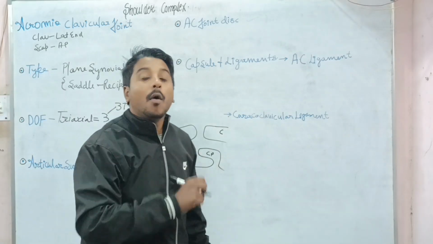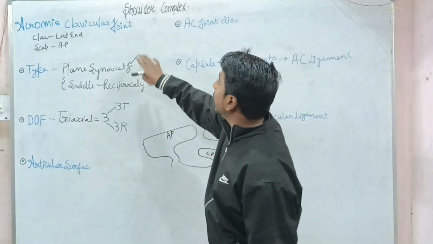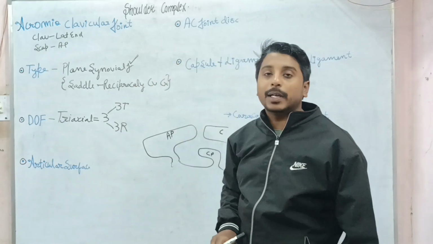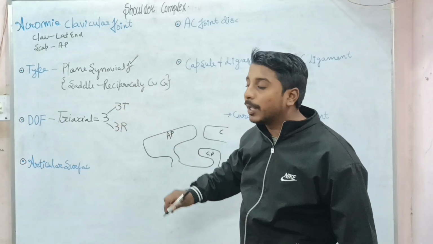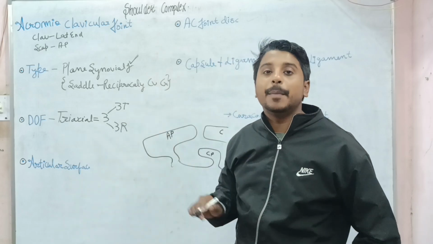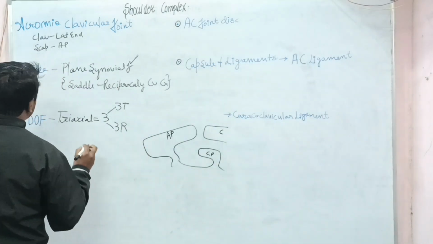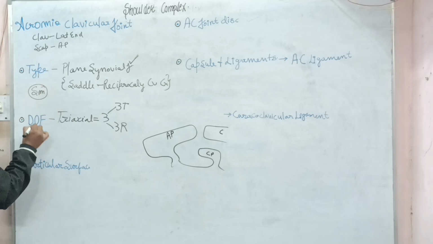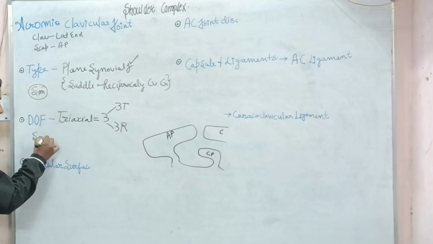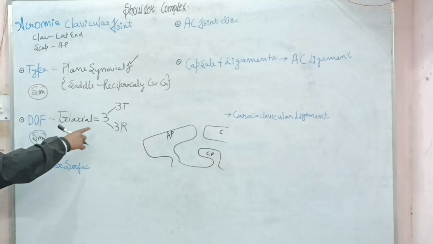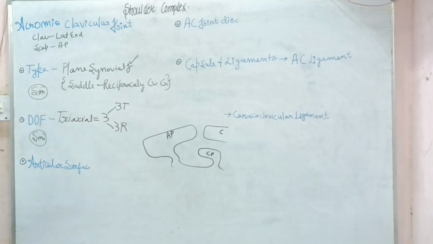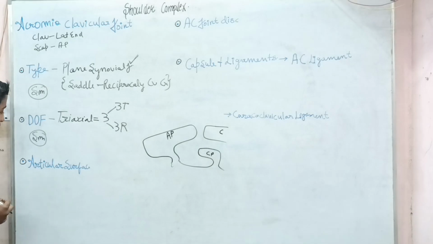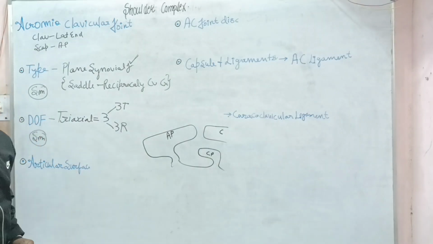Till now we have studied what the acromioclavicular joint is, what type of joint it is, and what the degree of freedom is. This type and degree of freedom is the same as in the sternoclavicular joint. So I will write here SM so that you can revise from your notes very easily. The degree of freedom is the same, but I will discuss the movements, and the names of the movements are definitely somewhat different.